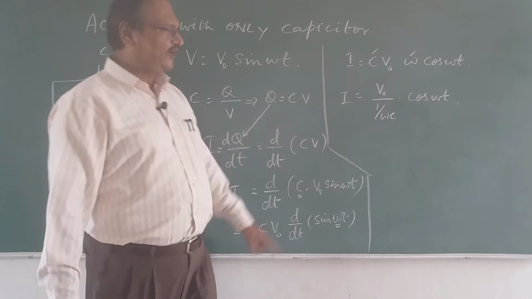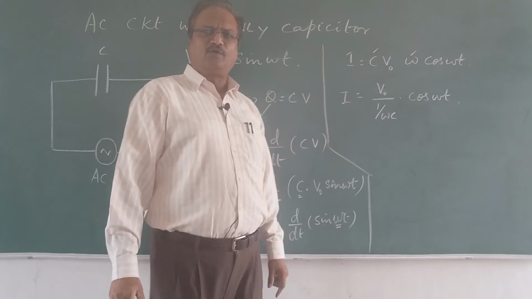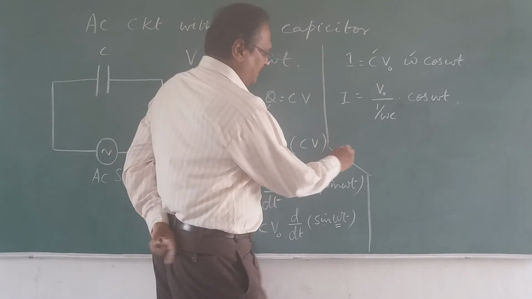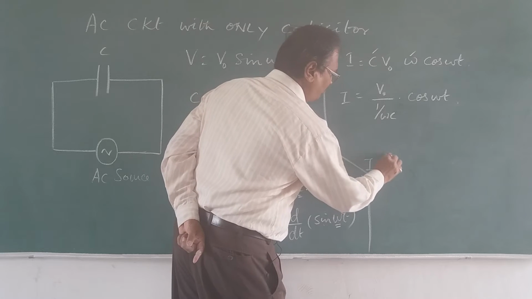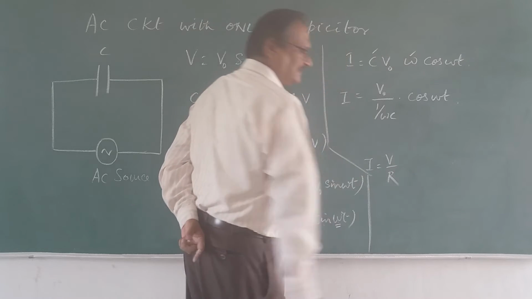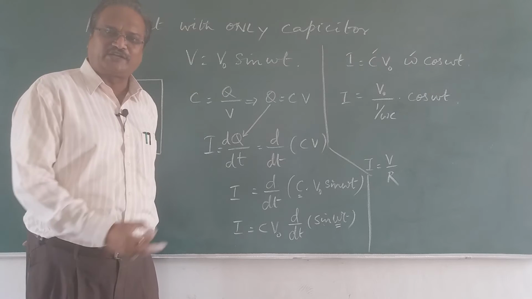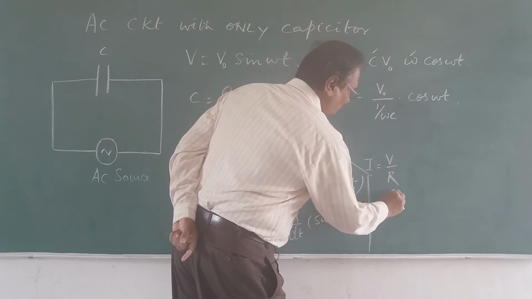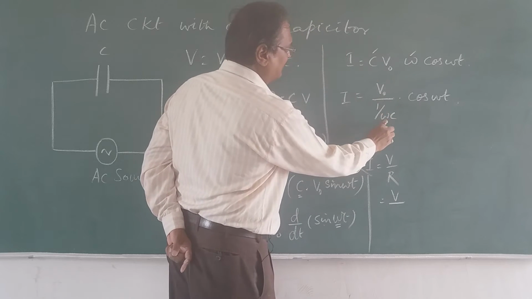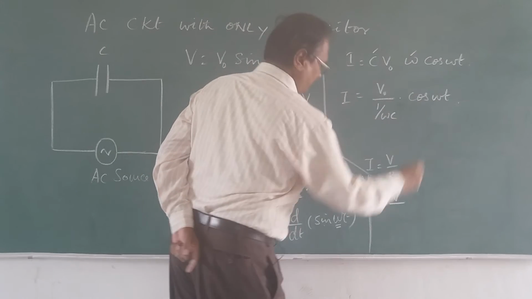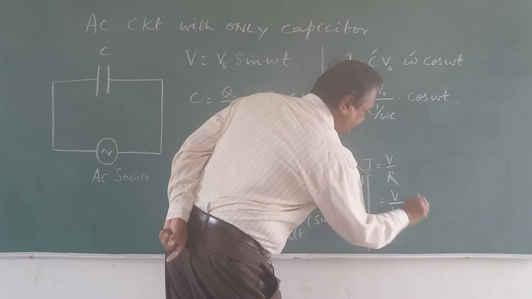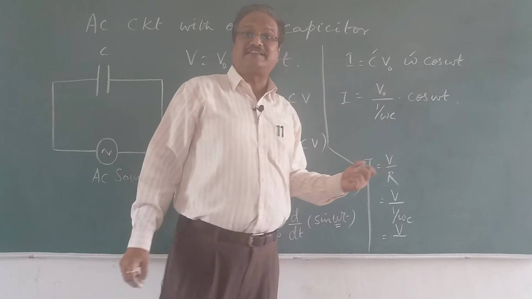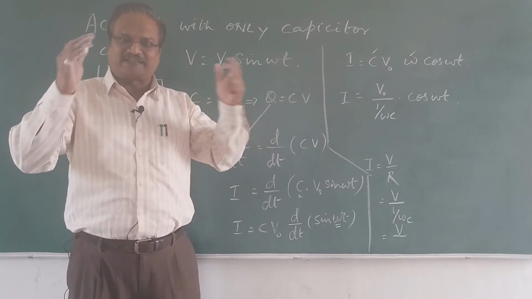You may wonder, why should I write omega C as 1 upon omega C? We know that current is equal to potential difference upon resistance in DC according to Ohm's law. So that is equal to V upon R, similar to this, 1 upon omega C. But in AC circuit that is referred to as reactance.